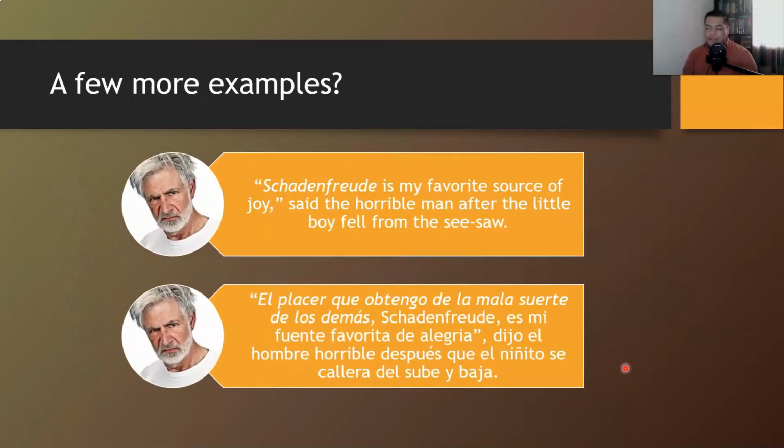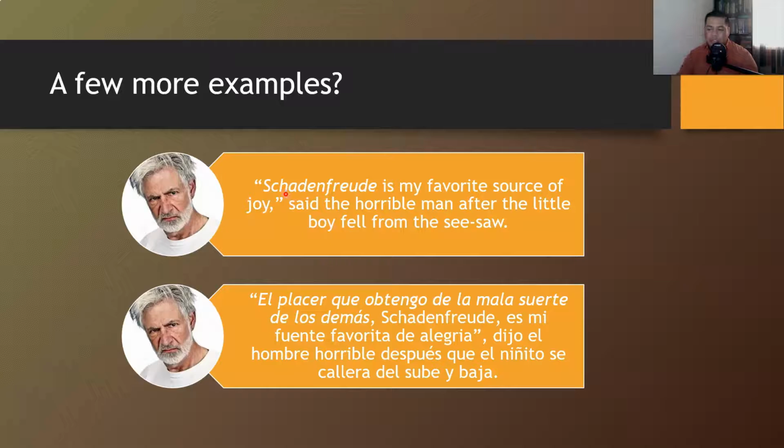I have a few more examples. Check this out. "Schadenfreude is my favorite source of joy," said the horrible man after the little boy fell from the seesaw. Schadenfreude is a German term that we have implemented in English. The strategy I'm going to show you now is to use an appositive.